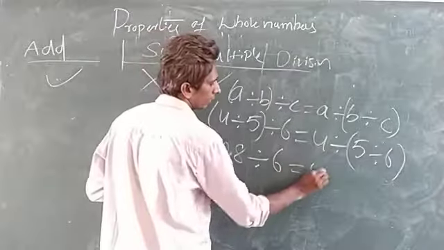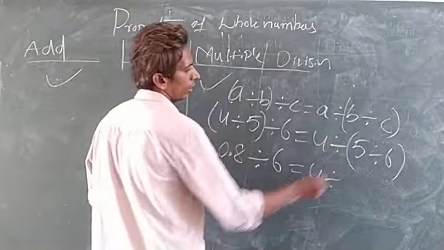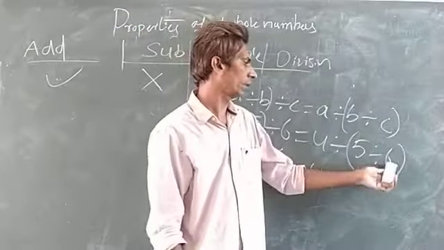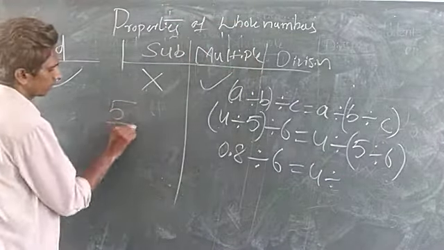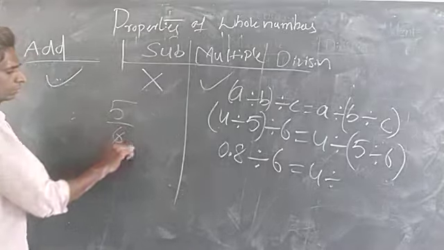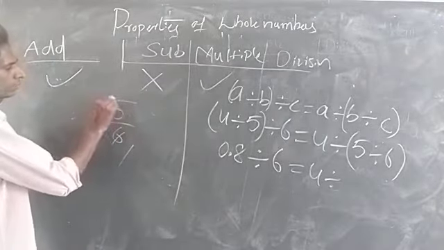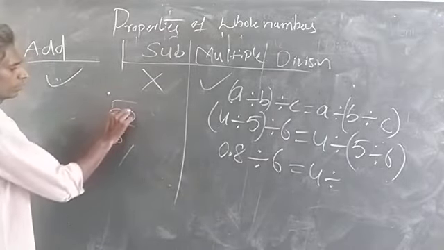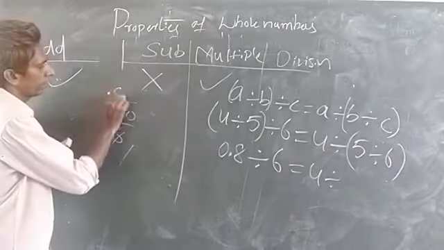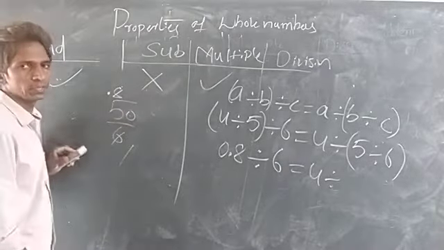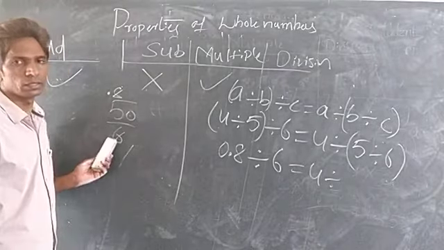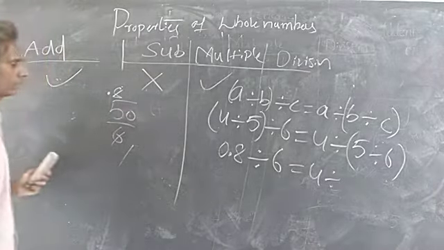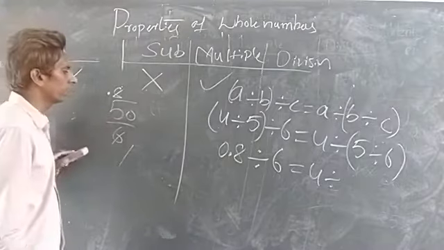For the other side, we don't know this value, so we want to do the division. 5 divided by 6: 6 ones are 6, we cannot cancel, so we put the point and 0 will come. 6 8s are 48, so 2 will be the remainder.